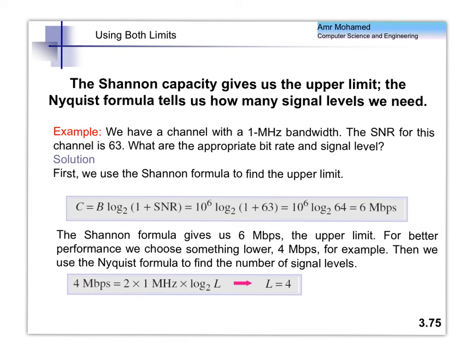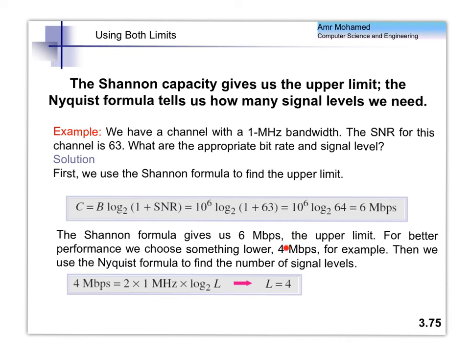So as a designer, as a network designer, if you want to design a certain signaling scheme, you cannot use this limit for design. So instead, this 4 megabits per second is less than the 6 megabits per second, which is the theoretical capacity.